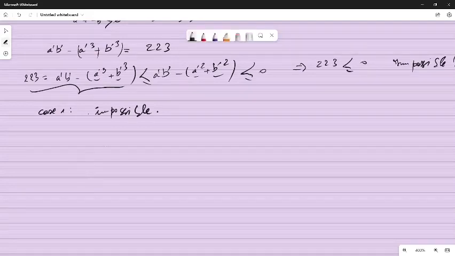We'll take the second case, case 2. In case 2, we have a positive and b positive.